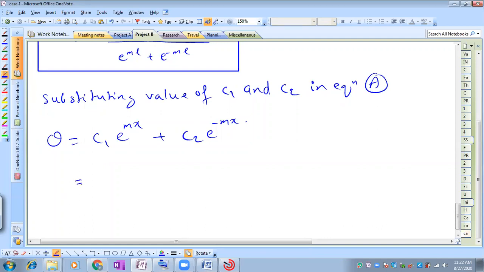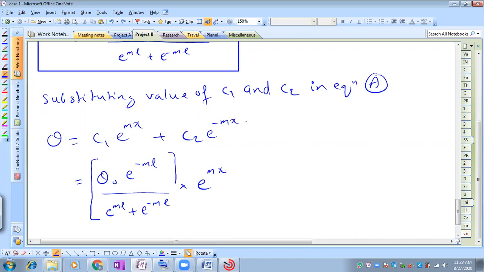So what is C1? C1 will be theta 0 e raised to minus ml divided by e raised to ml plus e raised to minus ml, multiplied by e raised to mx, as this value represents the value of C1.